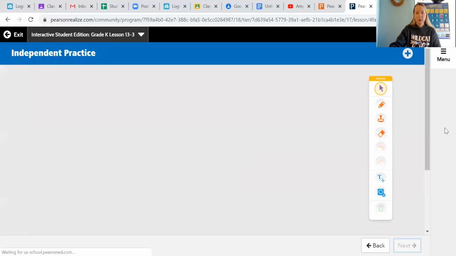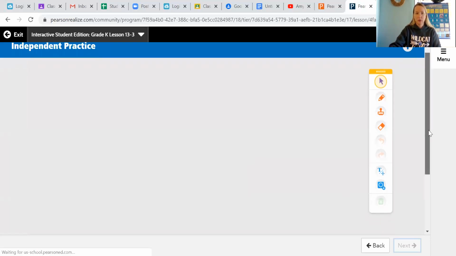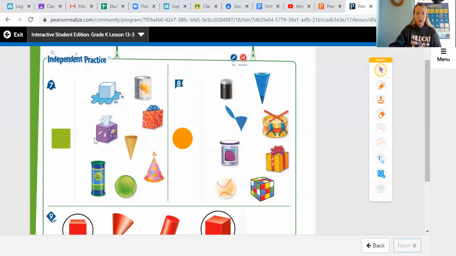All right, now flip to the last page, and this you will do on your own. I will give you the directions, and it is your turn to do it. Number 7, right here. You need to look at this flat shape. What flat shape is this? It is a square, you are right, and you need to circle all of the solid figures over here that would have a flat surface that is shaped like a square. Number 8.